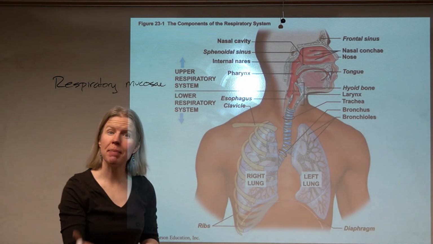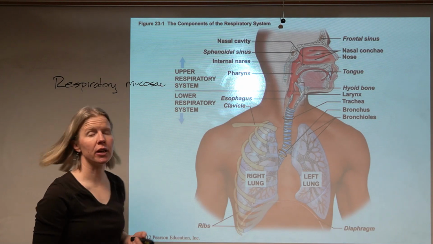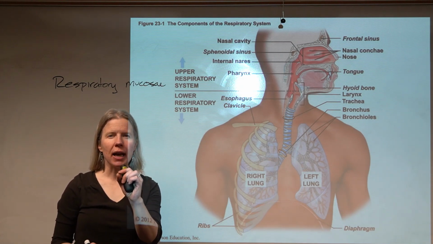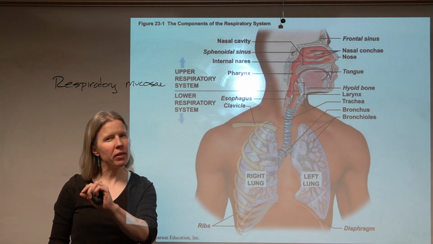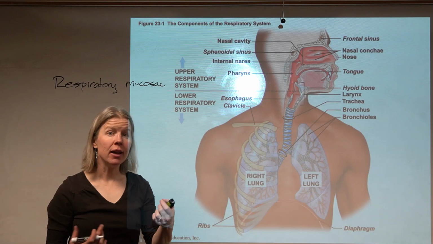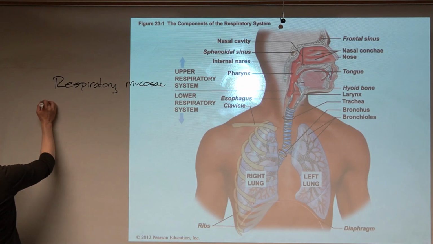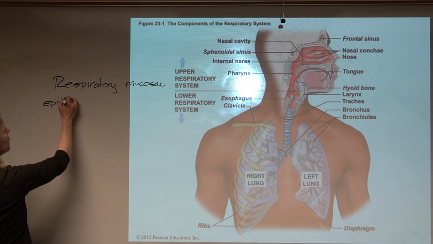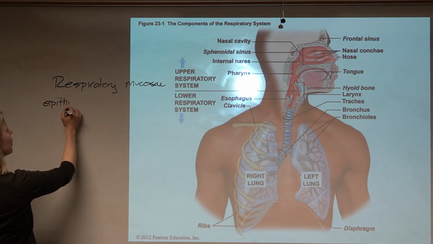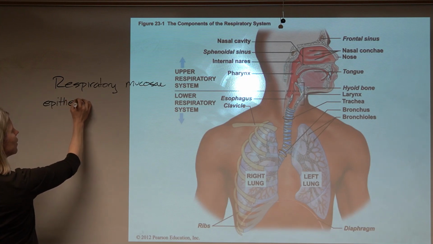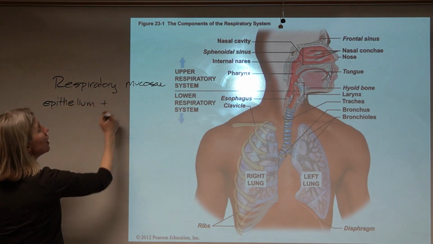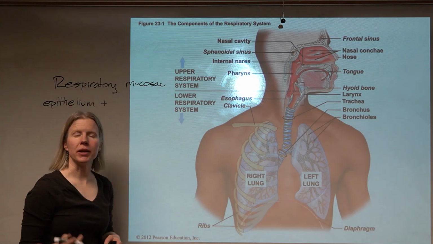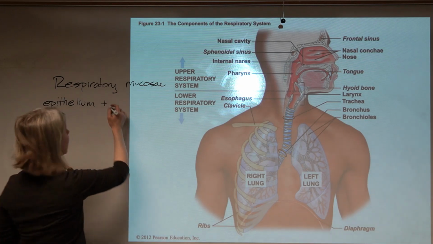Again, a mucous membrane, or mucosa here, is always going to be an epithelium and an underlying connective tissue. And as we look in the respiratory system, that underlying connective tissue is always areolar connective tissue.